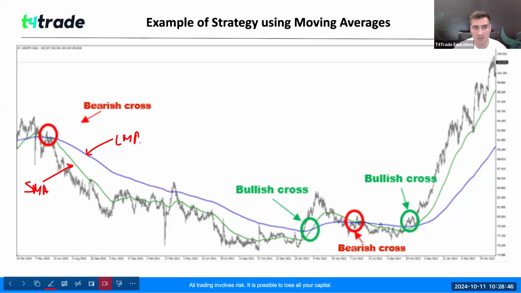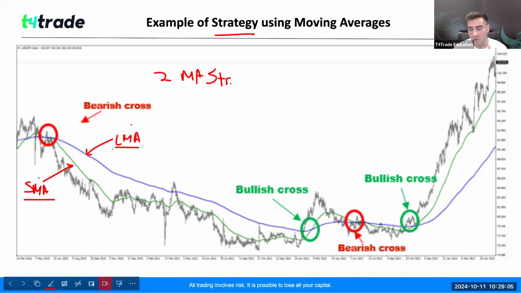So these are the two parameters that we use in two moving average strategies. Okay, so this is the one, this is the other one.